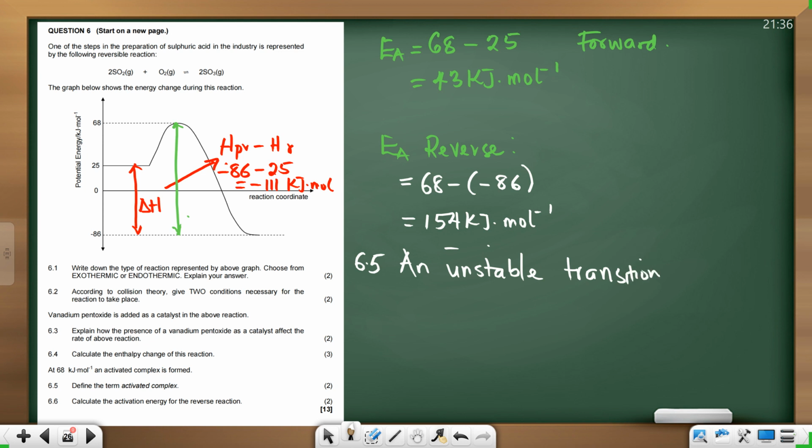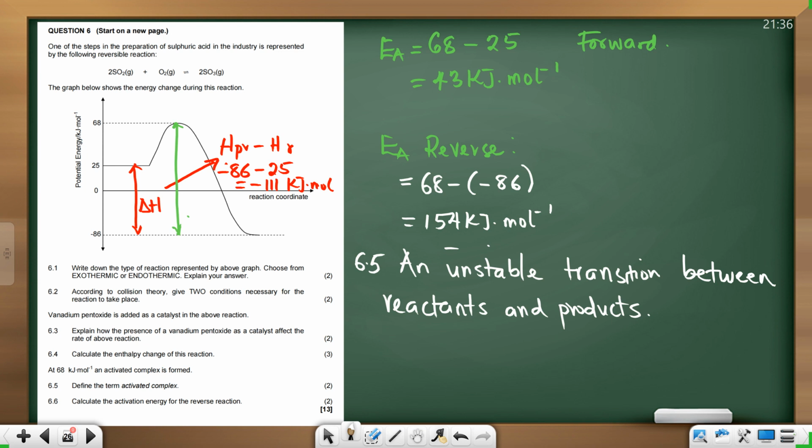All right? Between the reactants and product. It's unstable. Between reactants and products. Okay, guys.